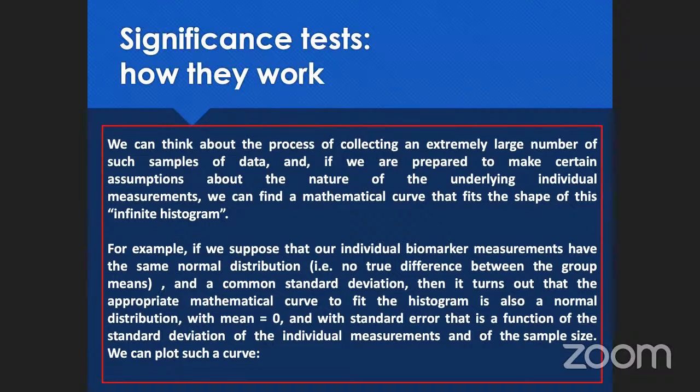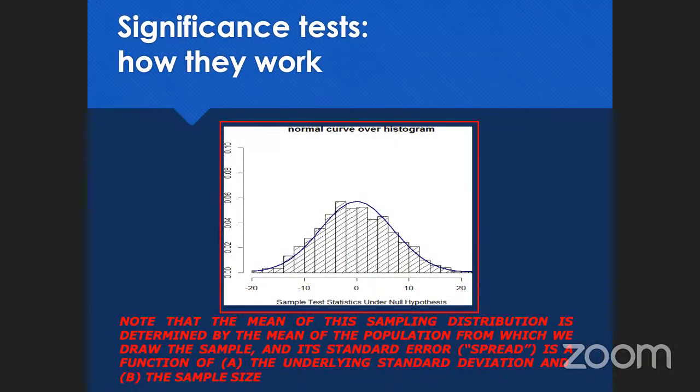For example, if we suppose that our individual biomarker measurements have the same normal distribution, as there is no true difference between the group means, and also a common standard deviation, then it turns out the appropriate mathematical curve to fit the histogram is also a normal distribution with a mean of 0, and with a standard error that is a function of the standard deviation of the individual measurements and of the sample size. This can be plotted as a curve such as this.